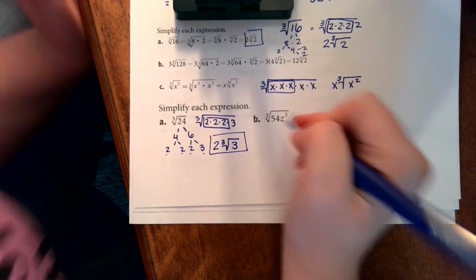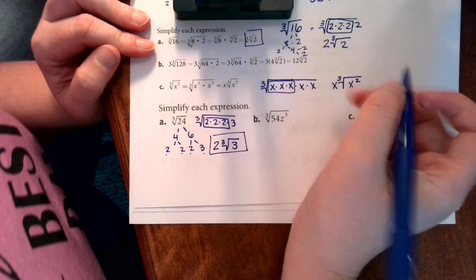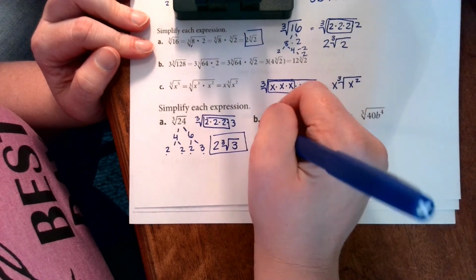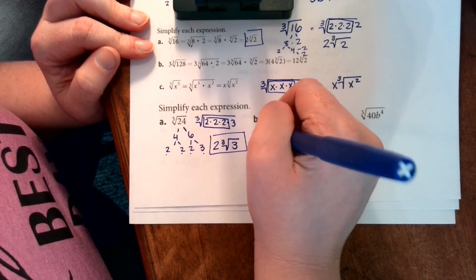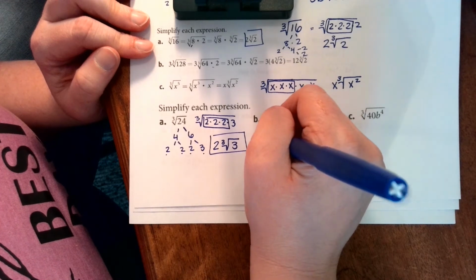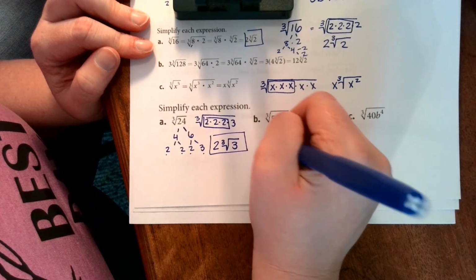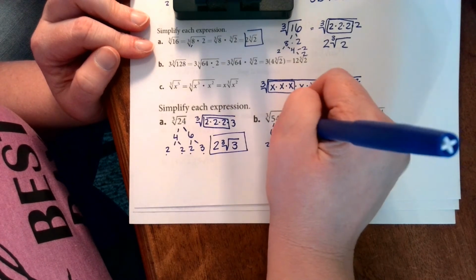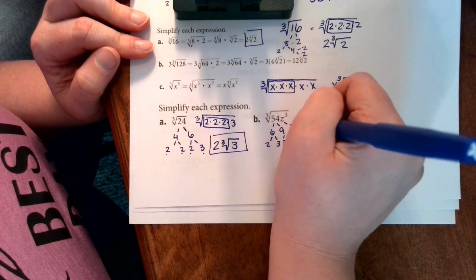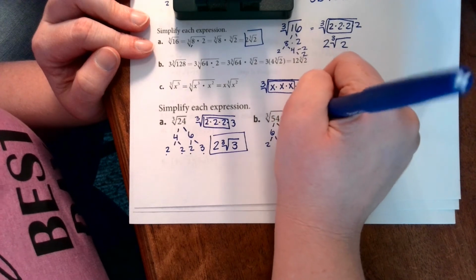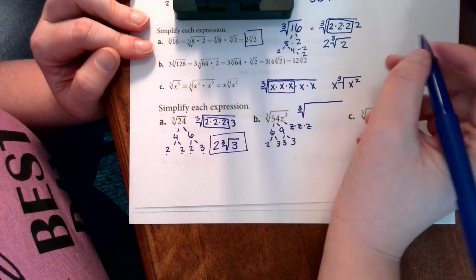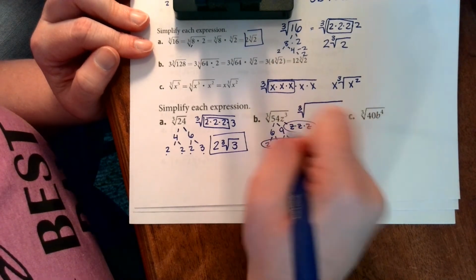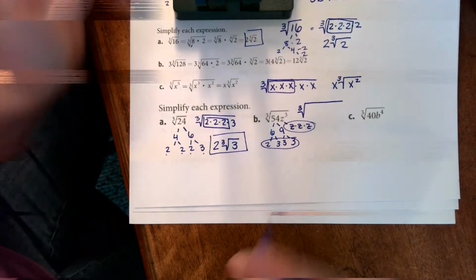Okay. On B, we're going to split this. 54, we could do, let's see, 6 and 9. 6 splits into 2 and 3. 9 splits into 3 and 3. And my z cubed is z times z times z. So I'm going to take my cube root and plug in all of my prime factors, which are the ones at the very end.